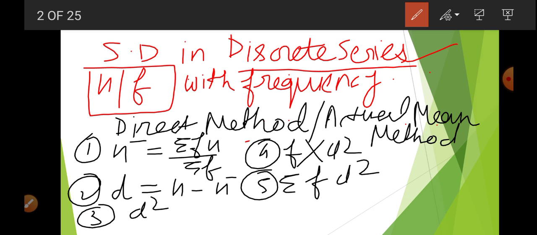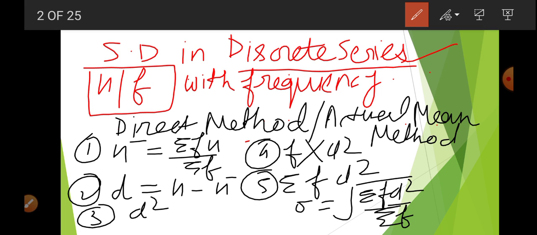And what equation we use here? Standard deviation is equal to under root. The basic equation is sigma fd square upon sigma f. Okay, so we are going to use this equation.